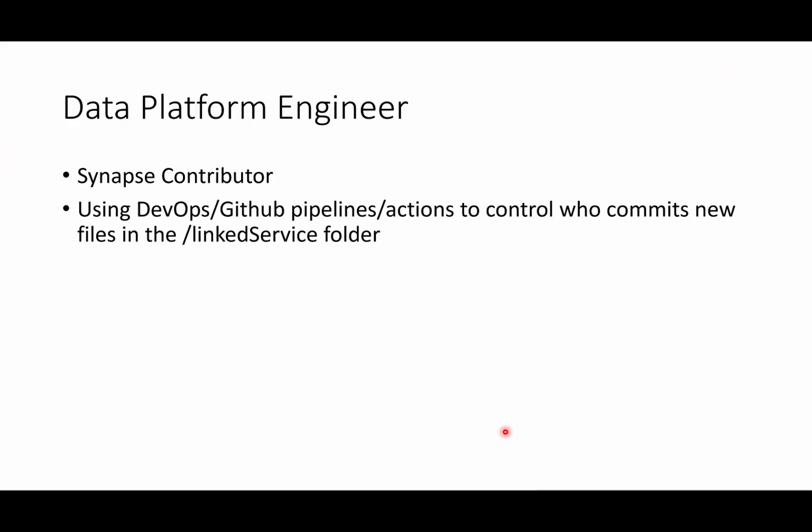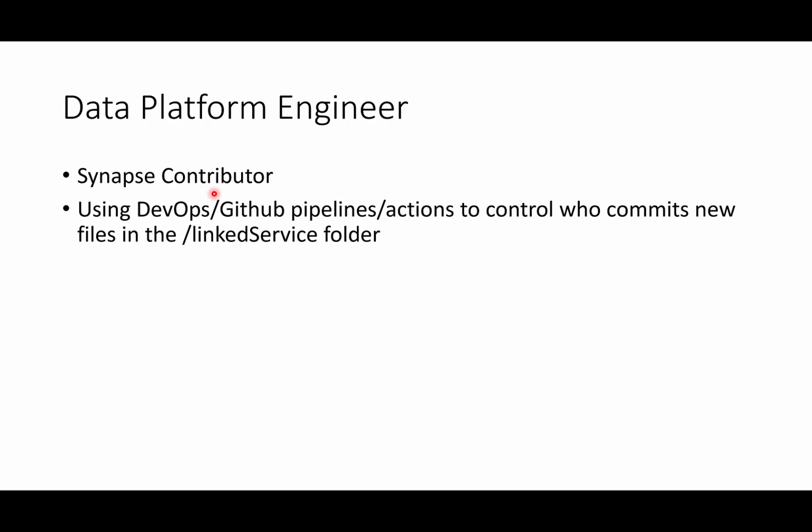Danielle's requirements are easier to solve because we can map them to a Synapse contributor role, and the Synapse contributor we give from inside the Synapse access control in Synapse Studio. With this, she can have all the access to the Spark pool and the SQL clusters.